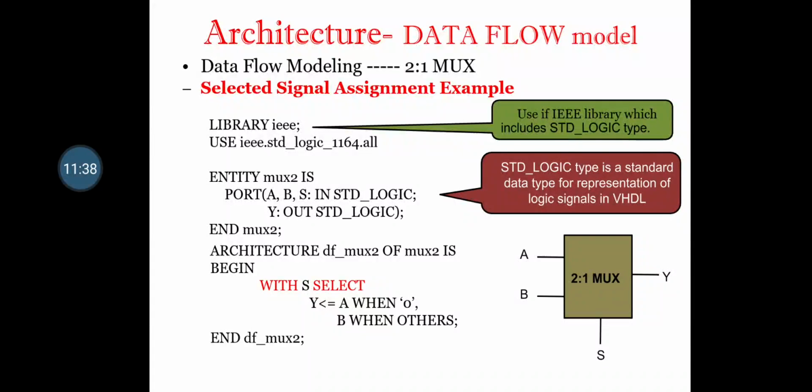Now for the same multiplexer in the data flow model, we are going to use the selected signal assignment statement. You can see how we are going to use with select, which we have already studied. First is library declaration, then entity declaration. In the entity, A, B, S are the inputs, std_logic, and Y is the output, std_logic.